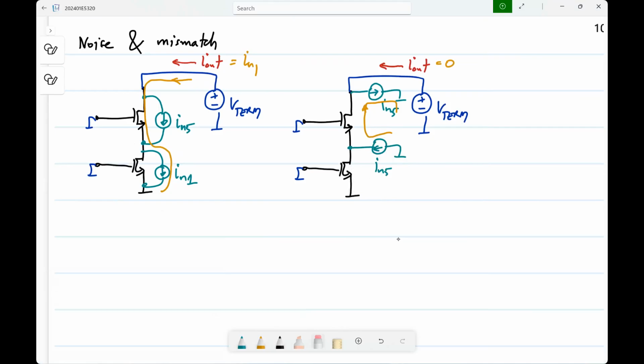At very low frequencies, it is true that the cascode device doesn't contribute noise, but at high frequencies, it is possible that it also contributes noise. And not all of the current from the main transistor goes out, only a fraction of it goes out. So, if you are designing very high frequency circuits, depending on the parasitic capacitance, you may see a noise contribution from these. It's just something to be aware of. That's all.